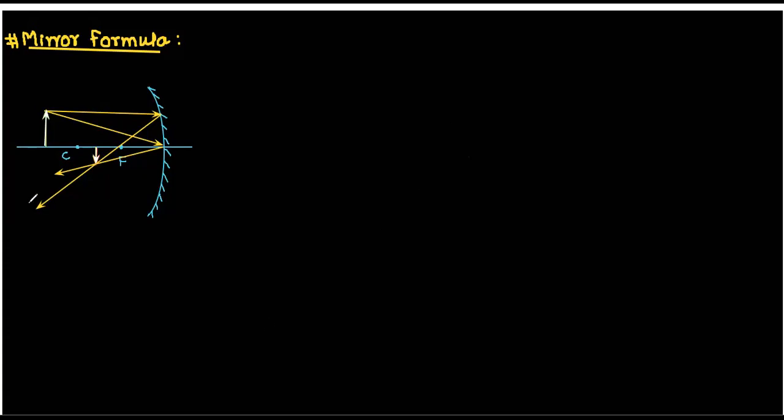Okay, now suppose this point is point A, that is, the object height is AB. This one is B, and here you have A dash, this one is B dash, because we are getting an inverted image.